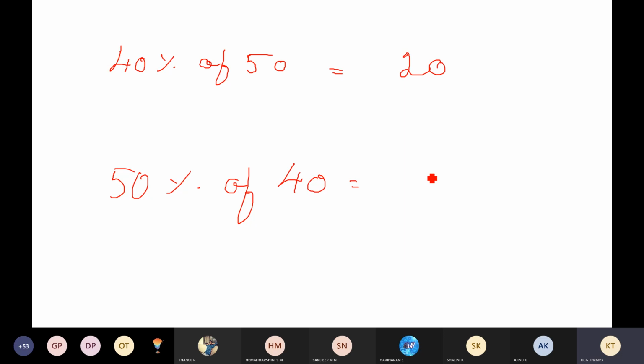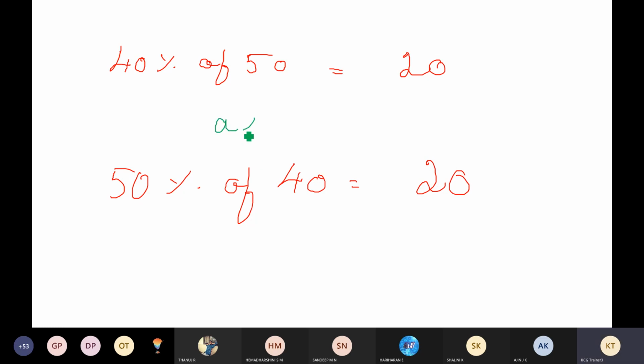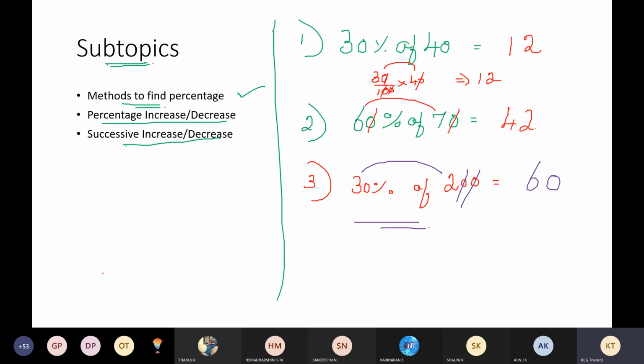Very good. Yes, that's 20 again. So always remember, A percentage of B will always be equal to B percentage of A. Clear? Excellent then. Now moving on.